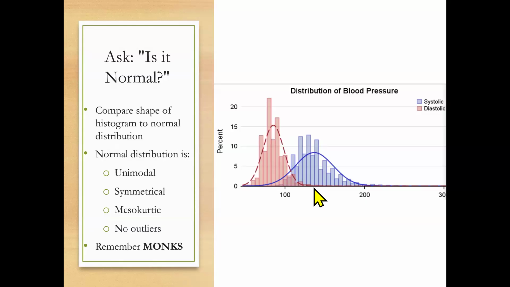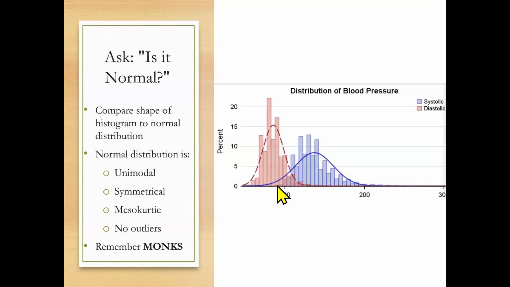So this example graph, or sort of two graphs in one, is the distribution of blood pressure. You may know that blood pressure comes in two kinds, systolic and diastolic, which represent whether the blood is leaving the heart or coming back towards the heart. The numbers are larger for the systolic pressure, and they're lower for the diastolic.